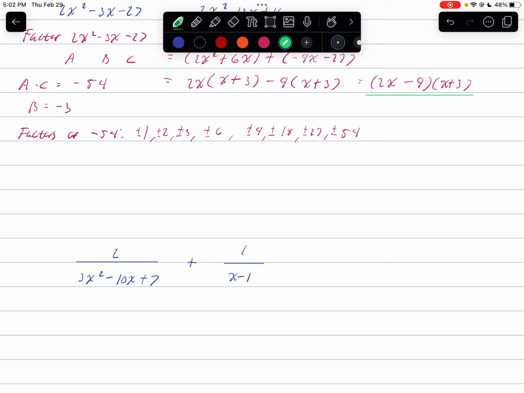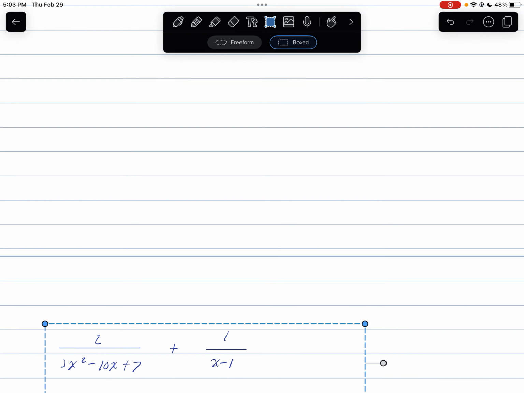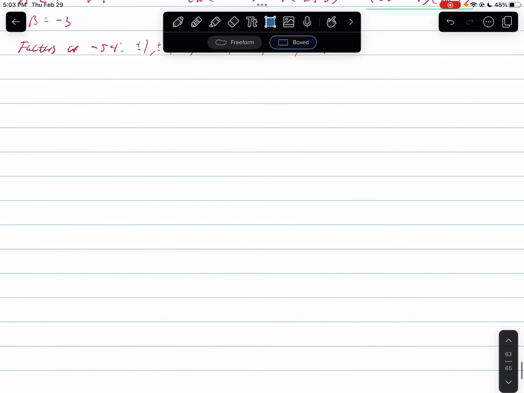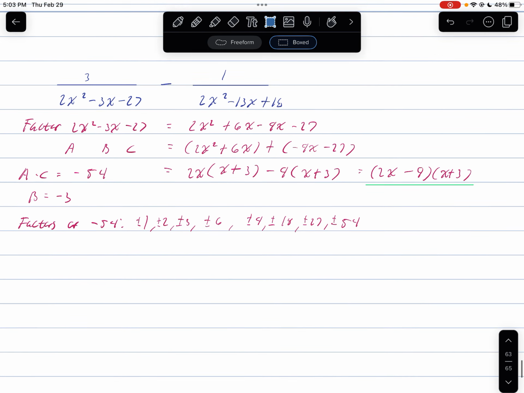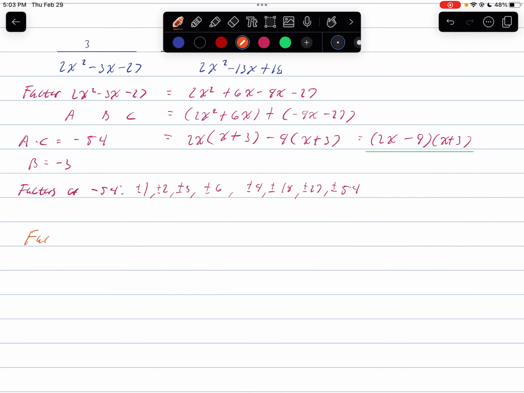Let's highlight that there. Okay, and now we need a lot more space here. So now let's go ahead and factor 2x squared minus 13x plus 18. So now we're going to factor that.